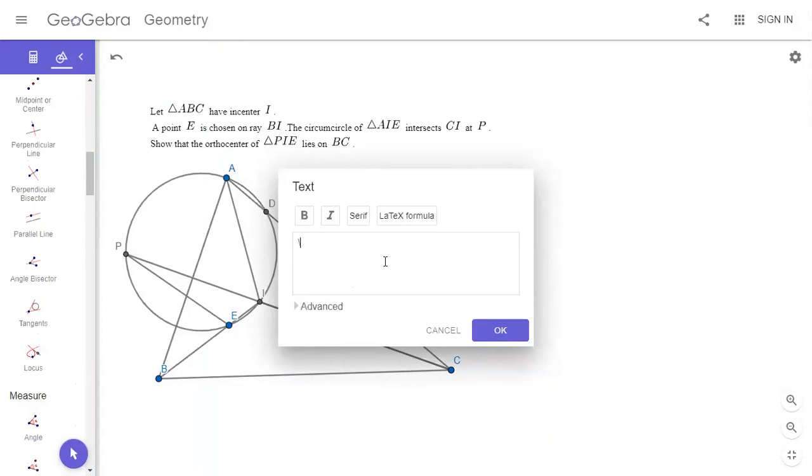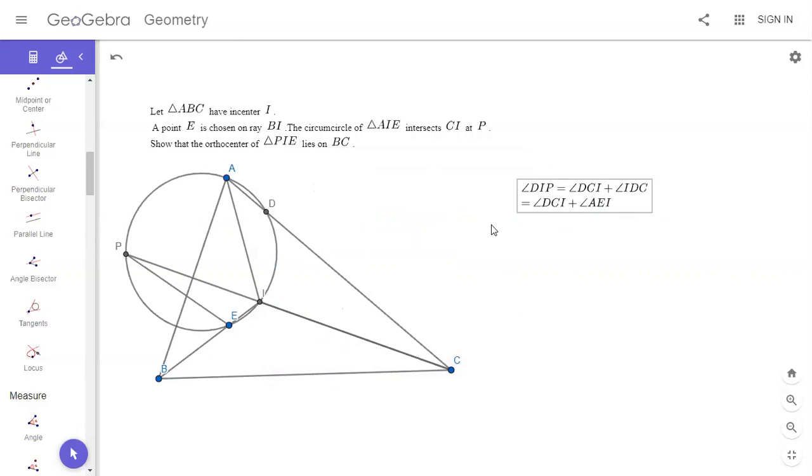I think this might be a start. See what this does. I'm going to show DIP is 90 minus IDE.